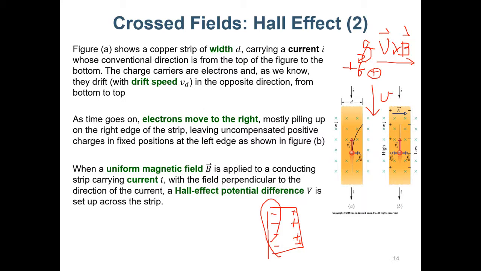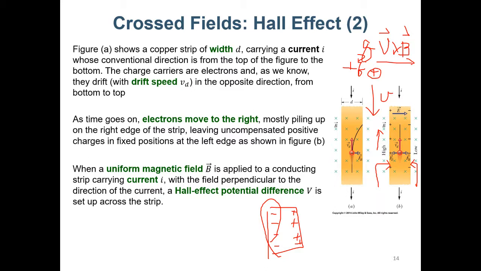In this case, what we measured should be opposite to the practical case, because according to the experiment, we can measure the voltage between this side and that side. And we know that if the current is going downward, the potential on this side is higher.